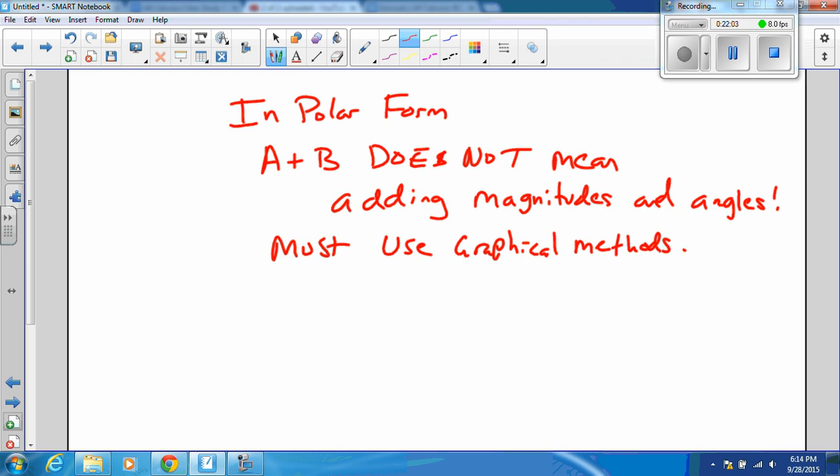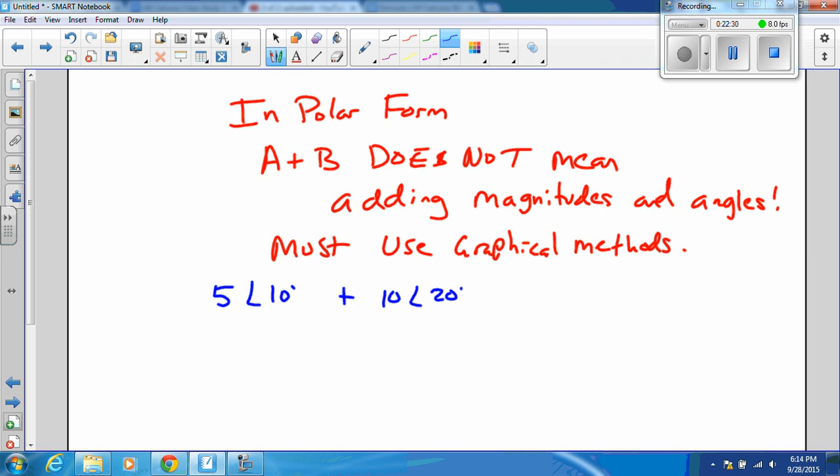Does not mean adding magnitudes and angles. Unfortunately, you have to use graphical methods at this time. On Wednesday, I'm going to teach you how to convert vectors in polar form into rectangular form so that we can take advantage of our arithmetic.